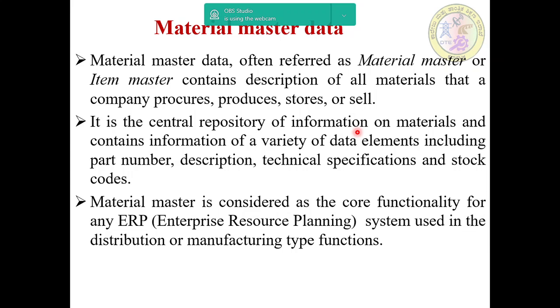For example, how the material is procured, forecasting period and past consumption or usage, etc. And the last one among the types of information on material master records is sales and distribution. Here, information for sales, sales order and pricing. For example, sales price, minimum order quantity and the name of the sales department responsible for the certain material.